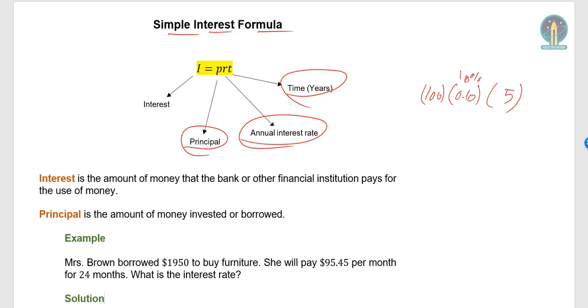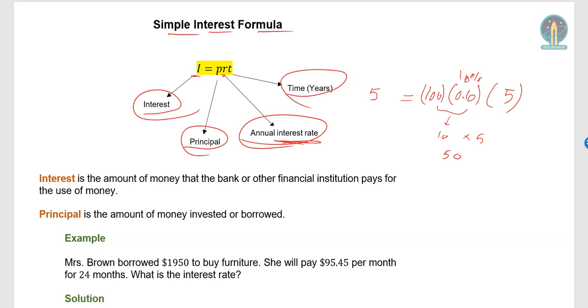So the total amount that we would pay in interest, the dollar amount, not the interest rate. The interest rate is this R. The dollar amount paid in interest is I. So 100 times a tenth is 10, and 10 times 5 is $50.